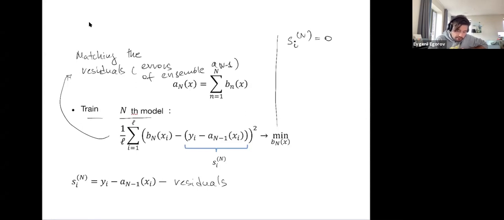So while training our new model Bn, it should output 0 on this object. And this is desirable behavior because we know we don't make any mistakes on this object already. So let's not introduce anything on top, just output 0. So if Si is not 0, then it's equal to something, and this is exactly what we need to add to the output of our ensemble to reduce the error to 0.